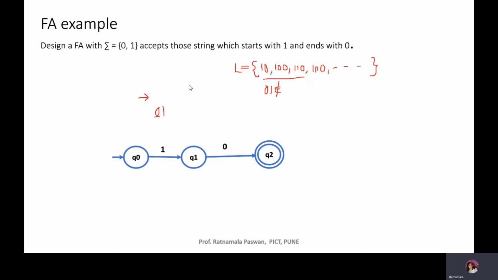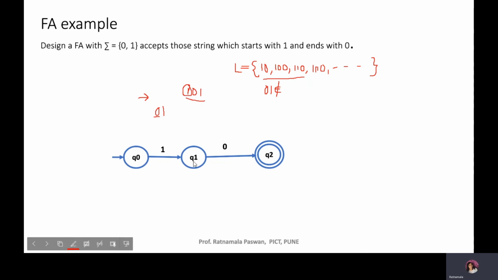Now we will see a string which starts with 1. Let us take the string 101. This is a valid string, right? But it is not accepted by this finite automata because we have not considered any other transition from the state. Remember, here Q1 remembers that the finite automata has recognized that the first 1 has occurred.